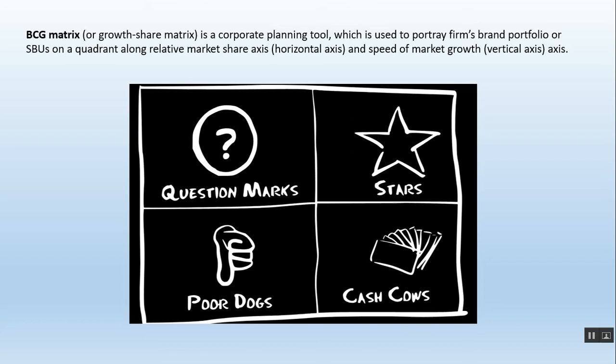So your choices here for star products would be things like vertical integration, horizontal integration, market penetration, market development, or new product development. Then you have question marks, which are brands that require much closer consideration. They hold low market share in fast-growing markets, consuming large amounts of cash and incurring losses.